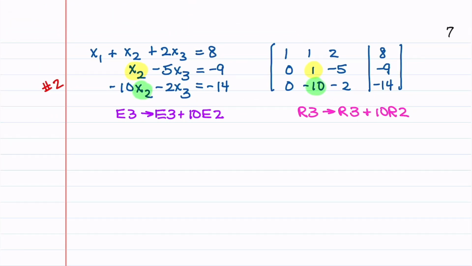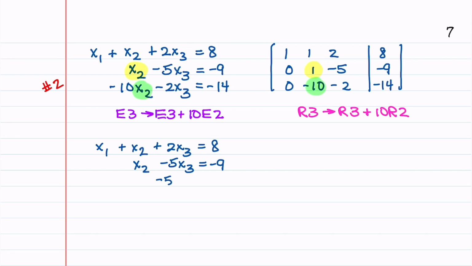I'm going to copy what we just wrote onto our next page so that we can continue on. Our first and second equations are going to stay the same, and it's just the third one that's going to change. So we have x1 plus x2 plus 2x3 is 8. We have x2 minus 5x3 is minus 9. And then now we're multiplying equation 2 by 10, adding it to equation 3. We get a 0 for the x2.